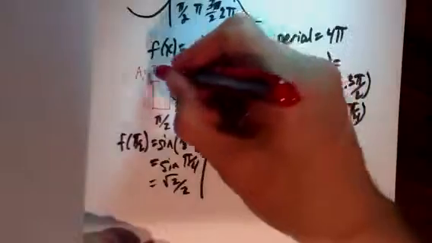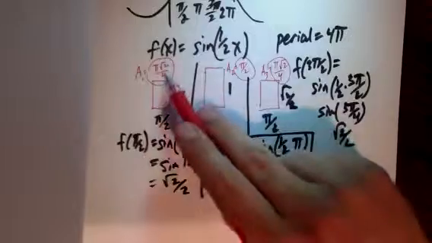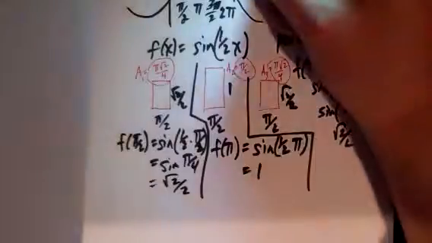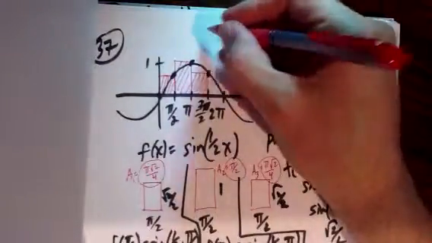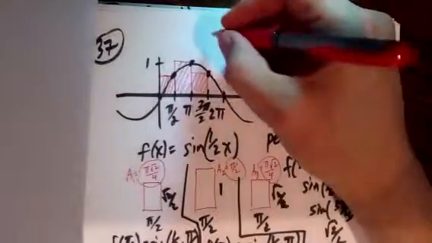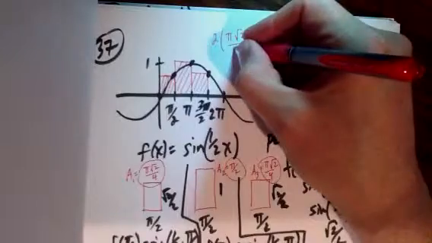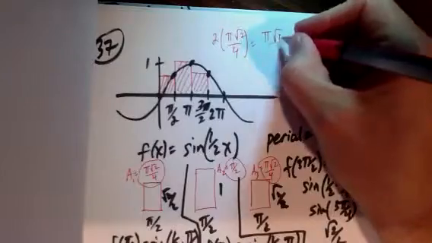So we need to add up those 3 values. So let's take a look and see how this is playing out. Pi root 2 over 4, pi root 2 over 4, I'll put it up here at the top. That means that the left rectangle and the right rectangle together are 2 times pi root 2 over 4, which is pi root 2 over 2.